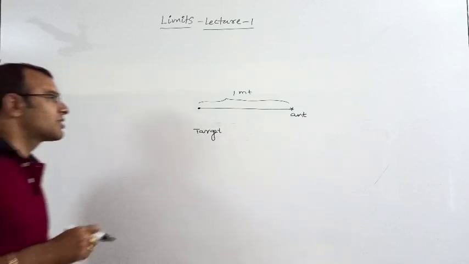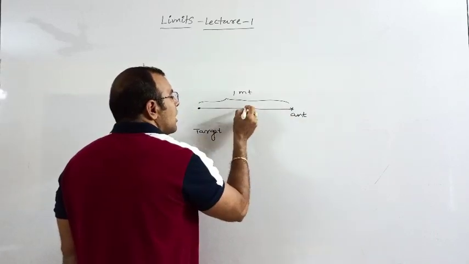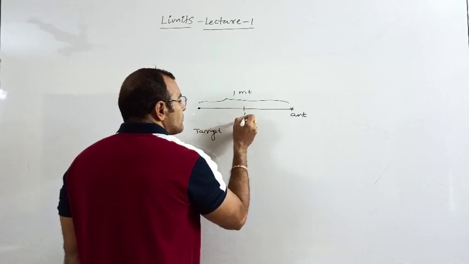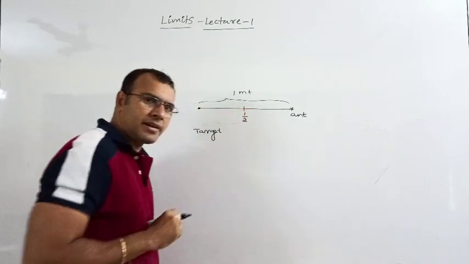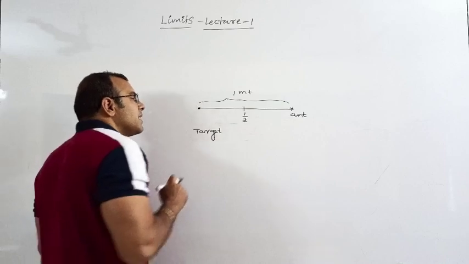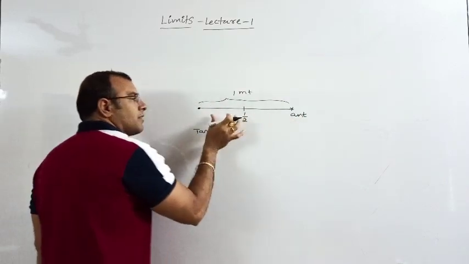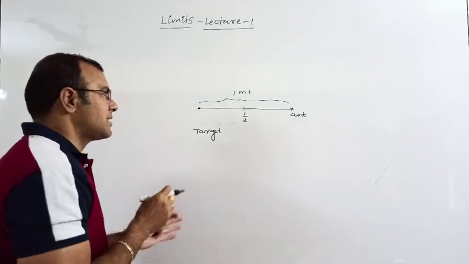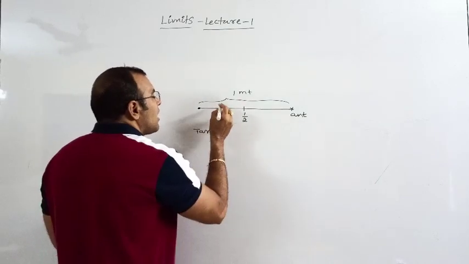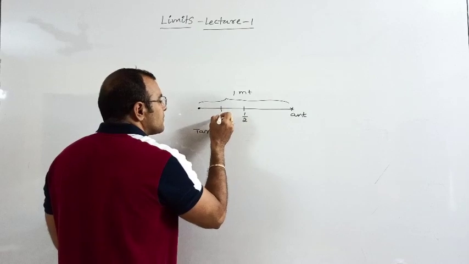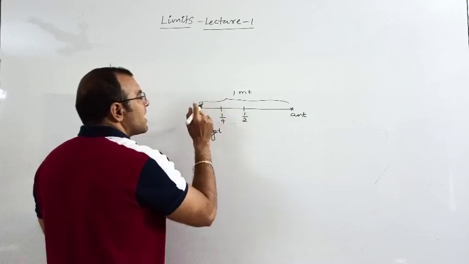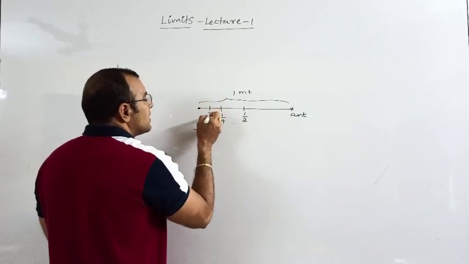Right. So first the ant moves half a meter in the first minute. In the next minute it moves half of the remaining distance. Next again half of the distance. Next again half of the distance.